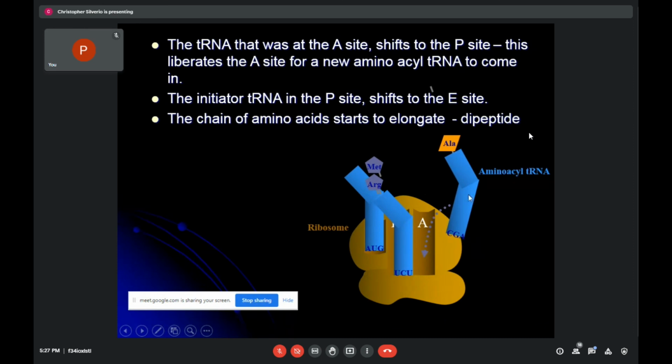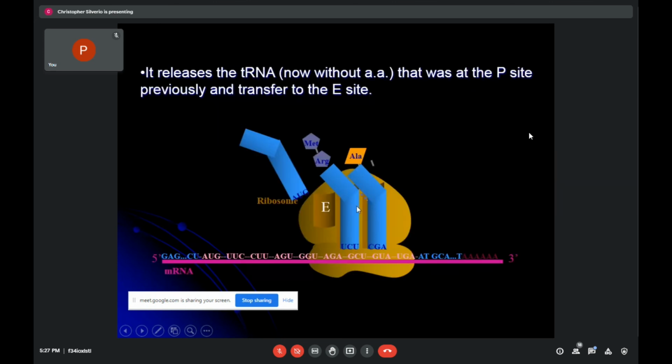So there is another incoming transfer RNA carrying the amino acid alanine, about to bind. So now this transfer RNA is released from the exit site. Previously, this transfer RNA was carrying the amino acid methionine.